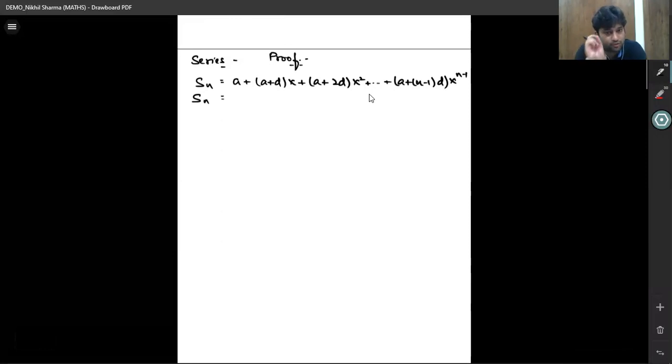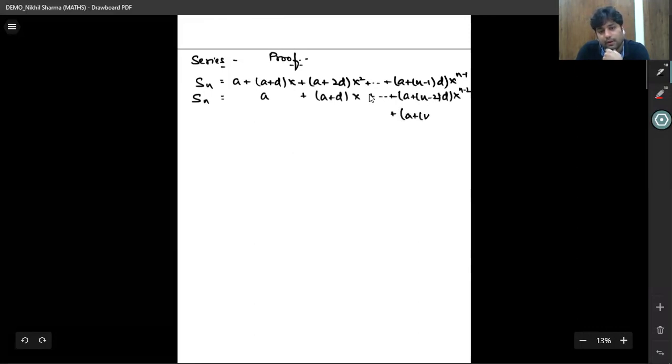Now I'll be writing this a beneath this a plus d times x, and so on. So beneath this, I would be getting n minus 2 times d, x raised to the power n minus 2, and this would be the last term.